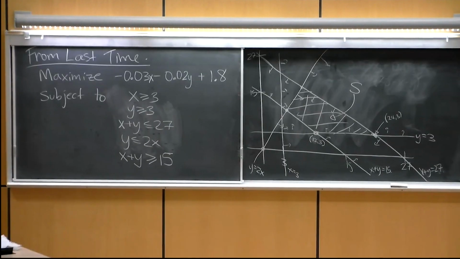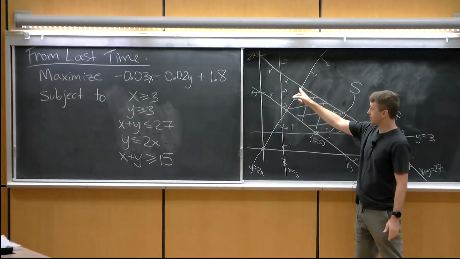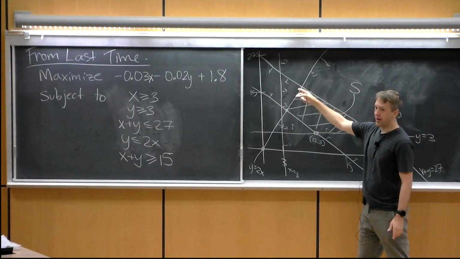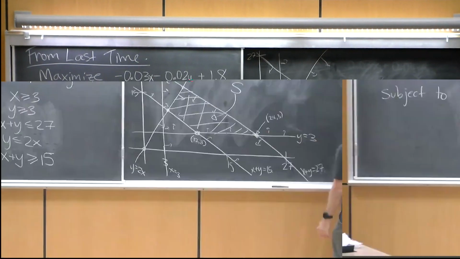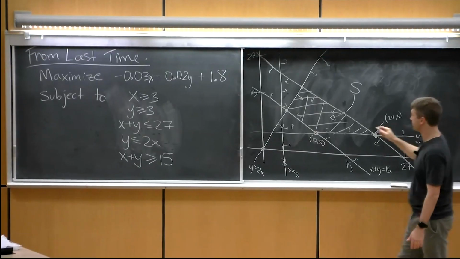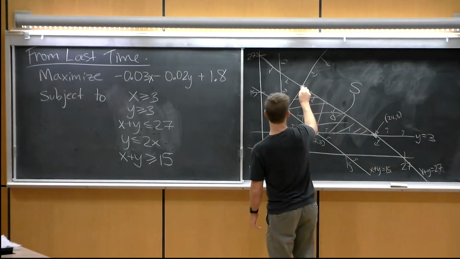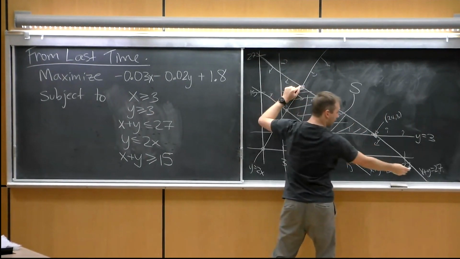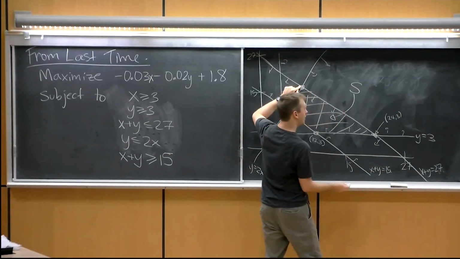But we can just do that with Gauss-Jordan, right? So this one, for example, is y equals 2x, or in other words, y minus 2x equals 0. And it's on the line x plus y equals 27.